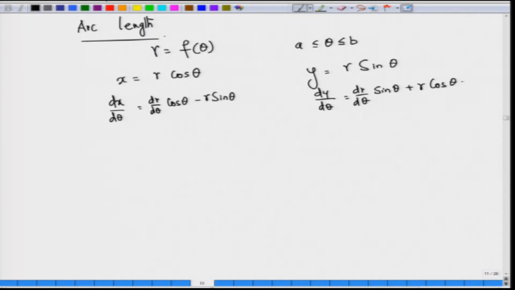So then we need to find dx by d theta square plus dy by d theta square.